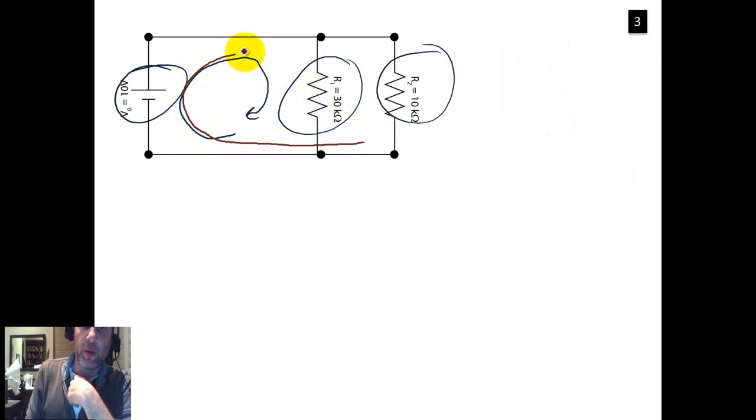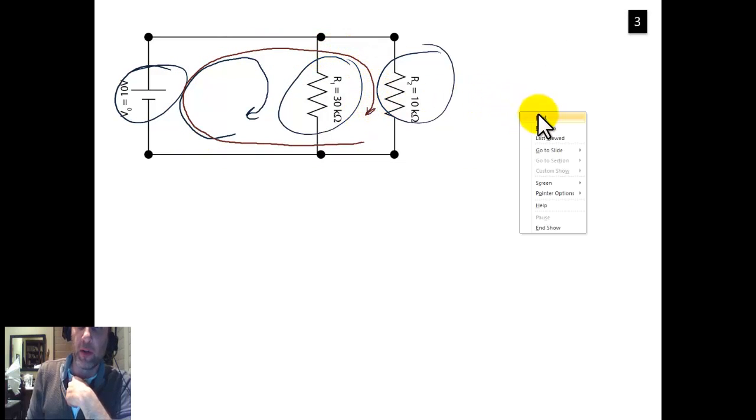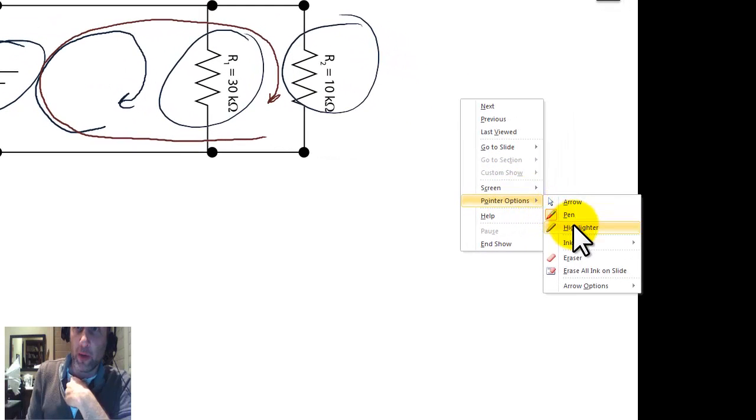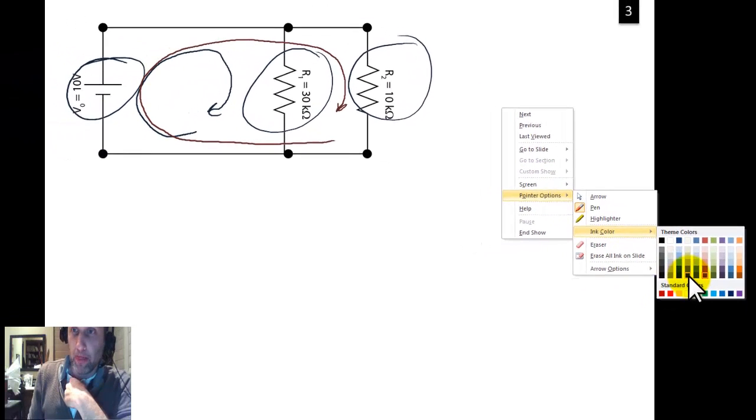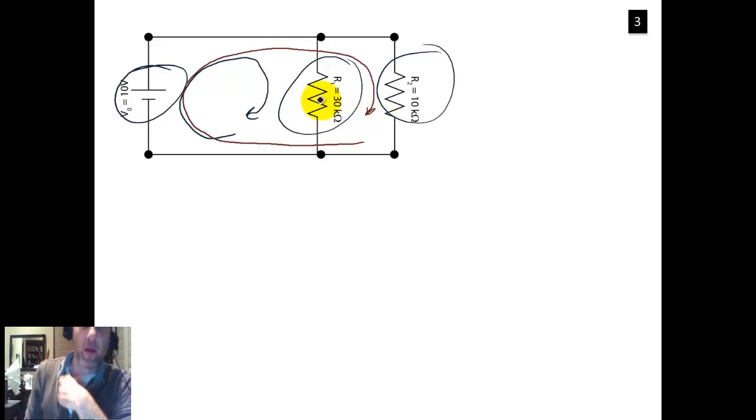So we have two loops that we can go around here. We can go around the blue one in the center there, or we can go around the red one. And look at the change in voltage as we go around each.